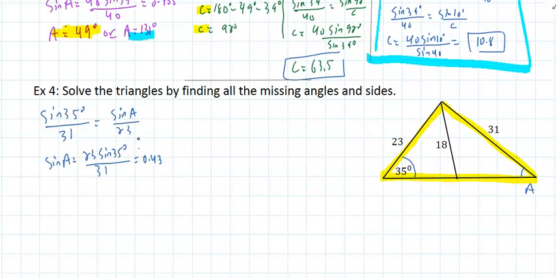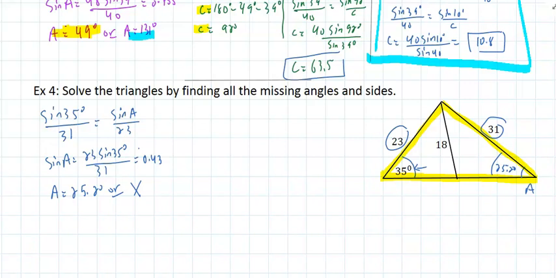And if I take the inverse sine of my answer, I'll get A to be 25.2 degrees. Now, how come I'm not saying or? Isn't this side bigger than this side? That means this angle has to be smaller than 35. That's how you play it safe. That would be the right thing to do.